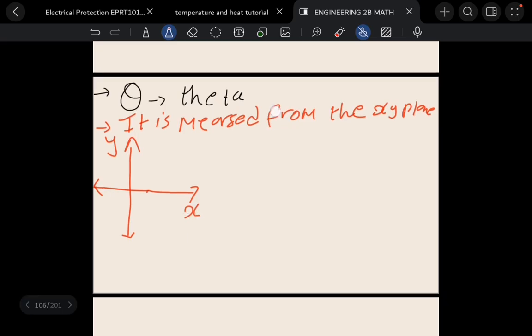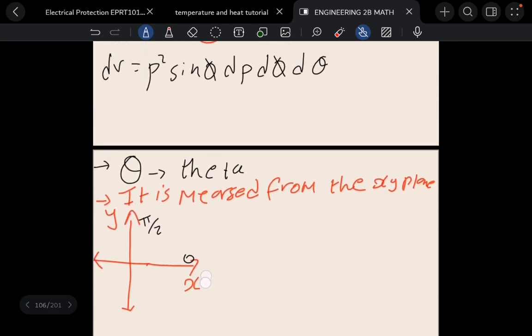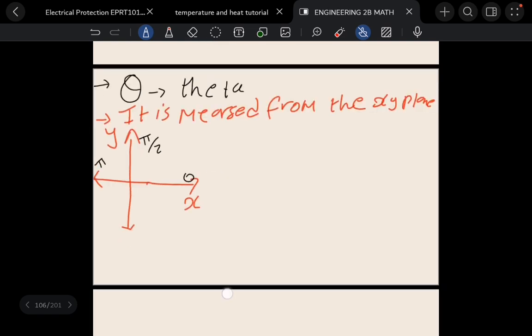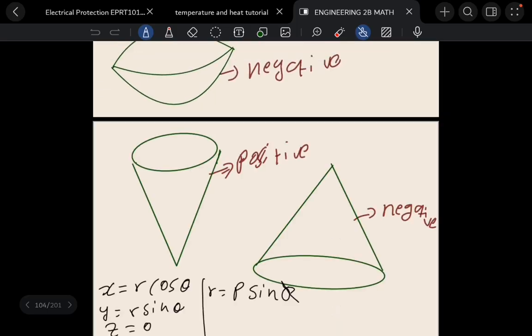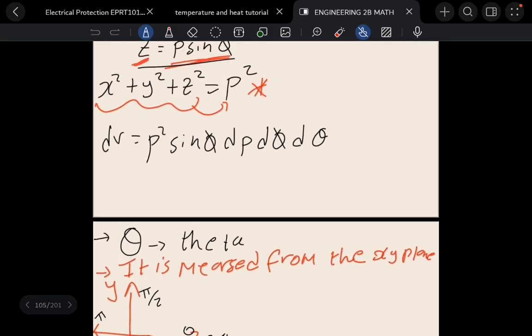From this, we know the angles are 0, pi over 2, pi, 3 pi over 2 or negative pi over 2, does not matter, and 2 pi.